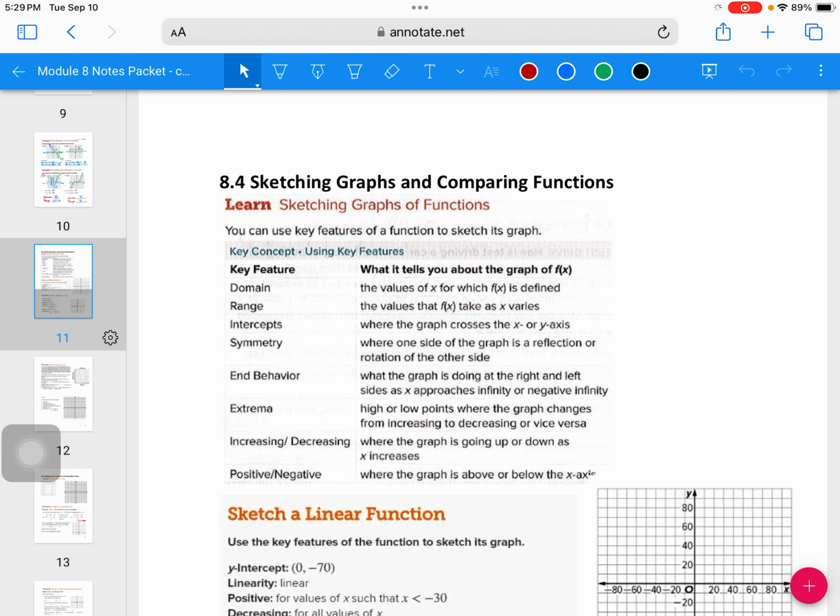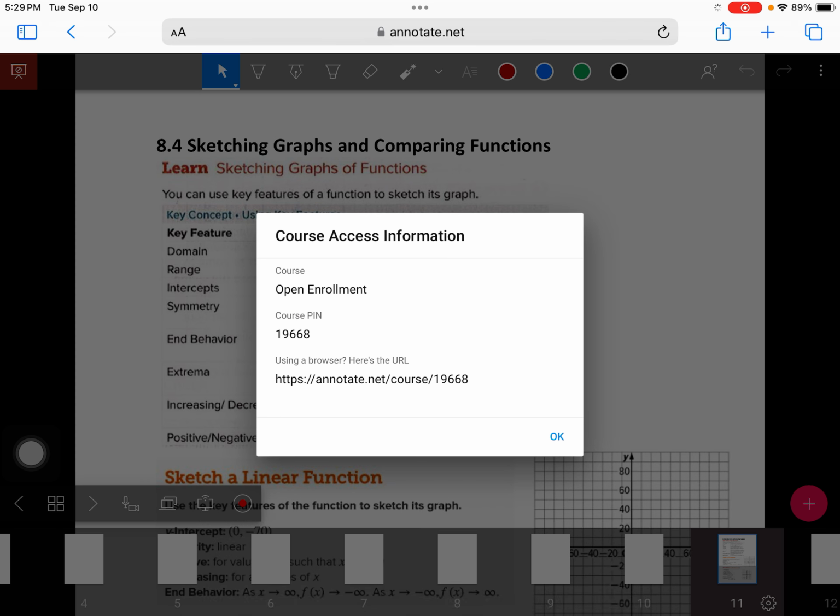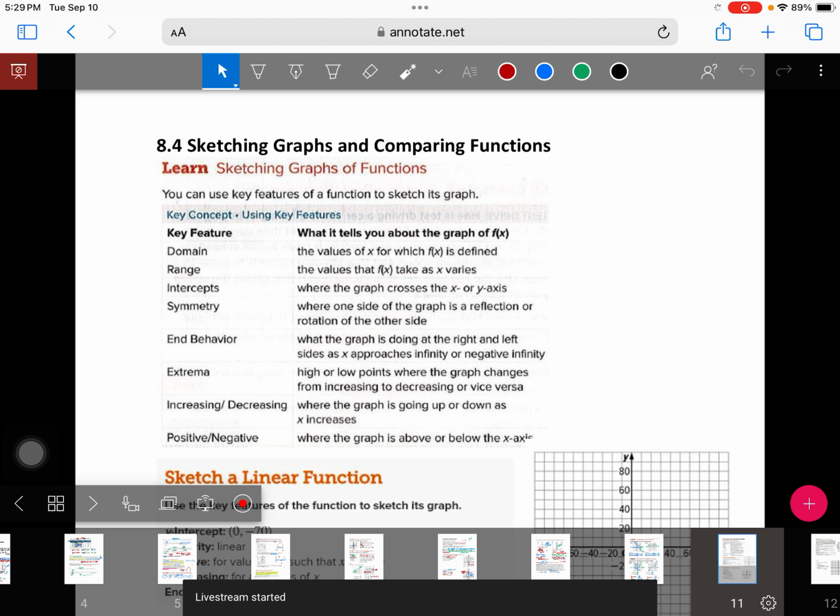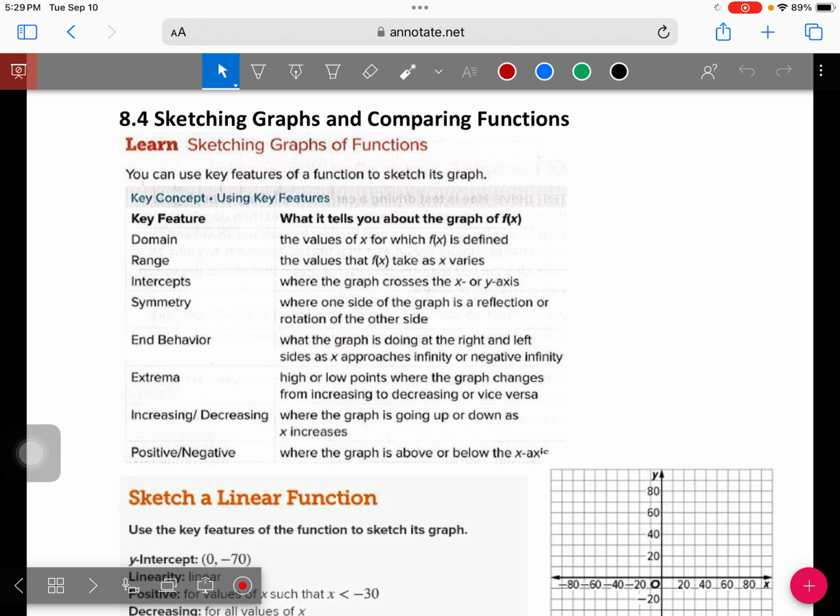Now, here in section 8.4, we are going to sketch the graphs based on the extrema and other characteristics that we have been given. Okay? So, let me read over a few things here.